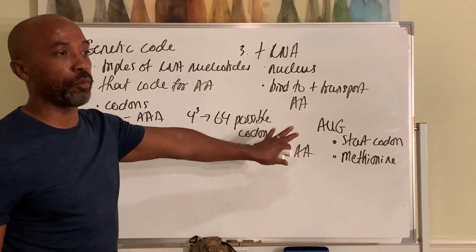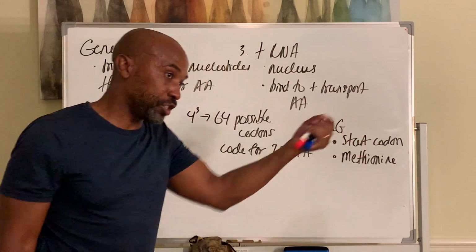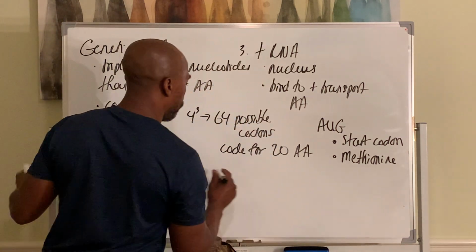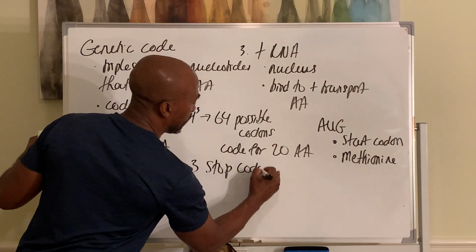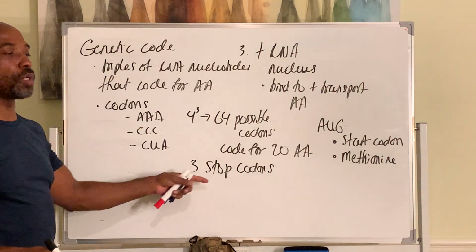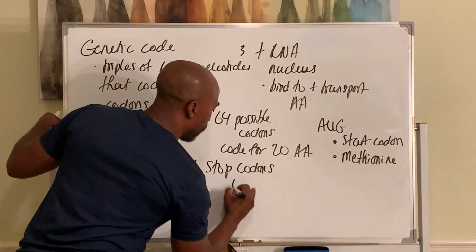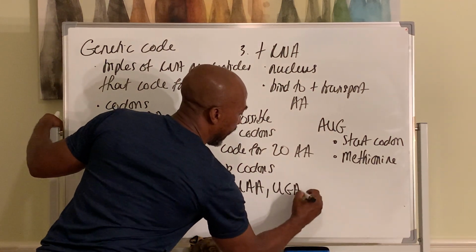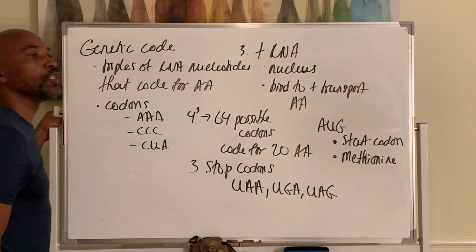It may be cut off later when it's done, but in making the protein, this is the first one you bring into the chain. And then there are 3 stop codons, meaning when the ribosome gets to any of these 3 codons, it stops making the protein. They are UAA, UGA, and UAG. When you see them, you stop making the protein.